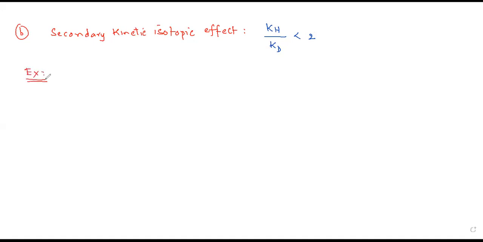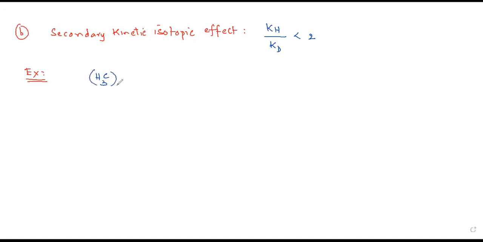Then what is secondary kinetic isotopic effect? Secondary kinetic isotopic effect can be simply given as this. kH by kD will of course be less than 2. In primary it is greater than 2, here it is less than 2. Let me give you an example taking the SN1 reaction into consideration.